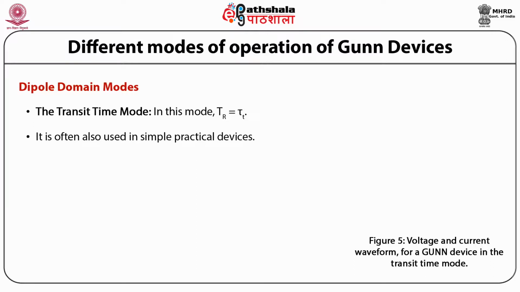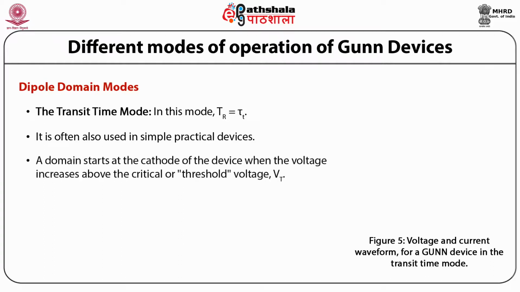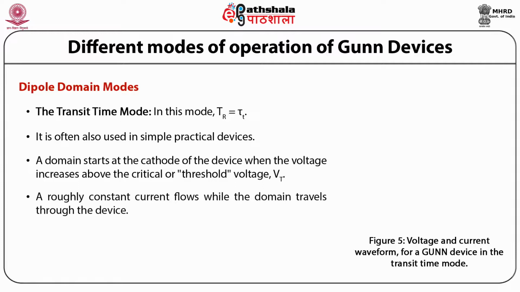Now here the voltage and the current waveforms are shown in this figure. So our domain starts at the cathode of the device when the voltage increases above the critical or threshold voltage. A roughly constant current flows while the domain travels through the device.